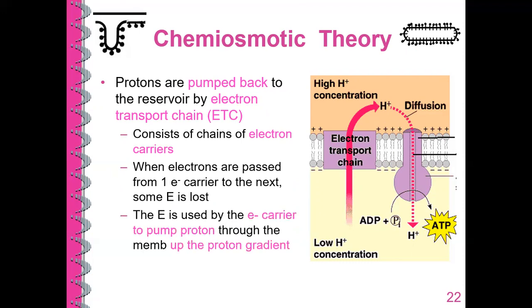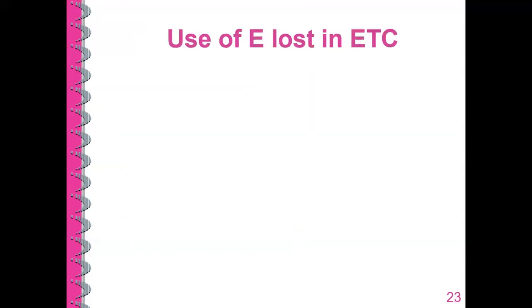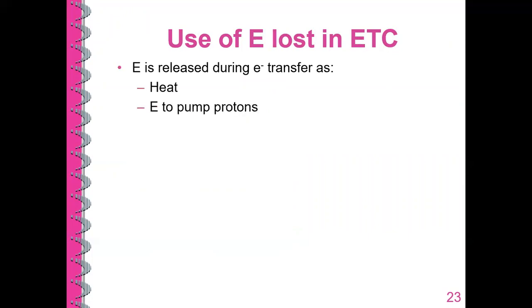And the energy that's lost is used by the electron carrier to pump the proton through the membrane, up the proton gradient. Okay. So this is the use of energy lost in ETC. It can be released as heat, or it can be used to pump the protons. If it's enough, then we can pump. If it's not enough, we cannot pump.